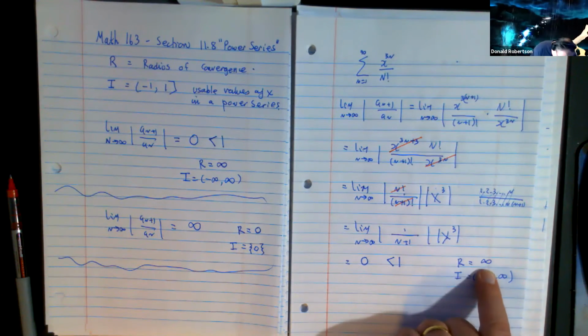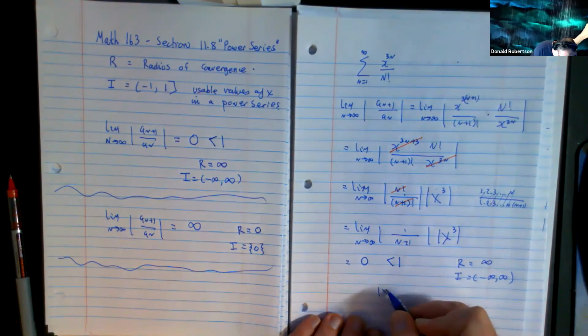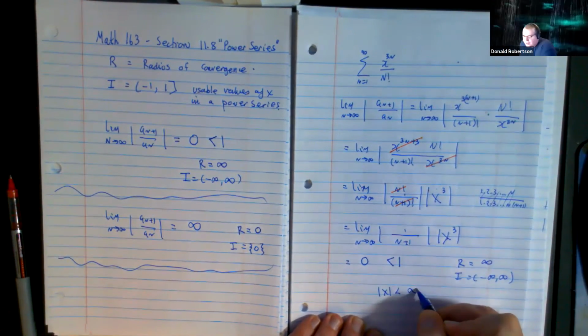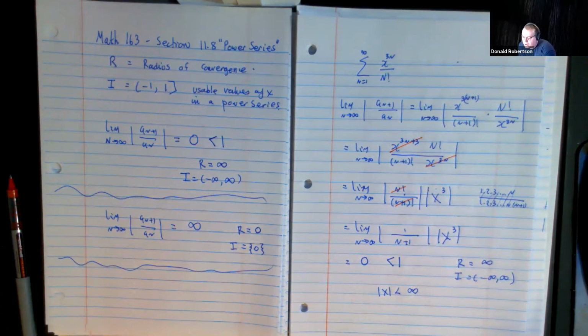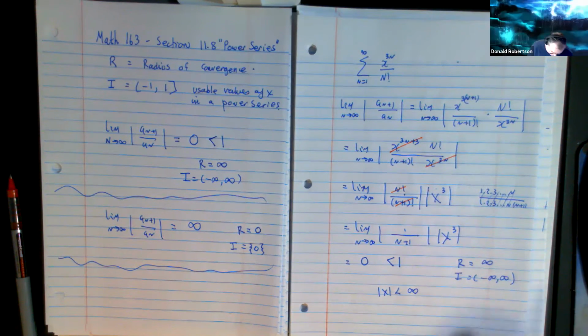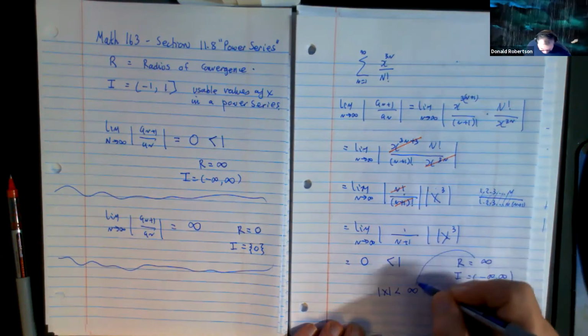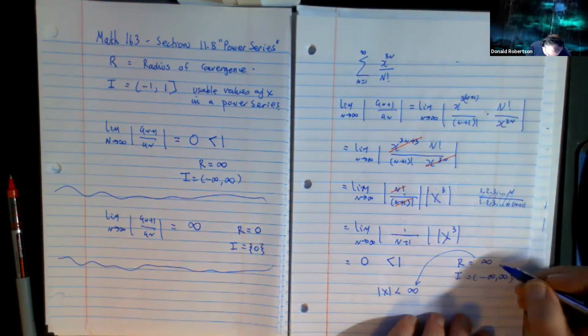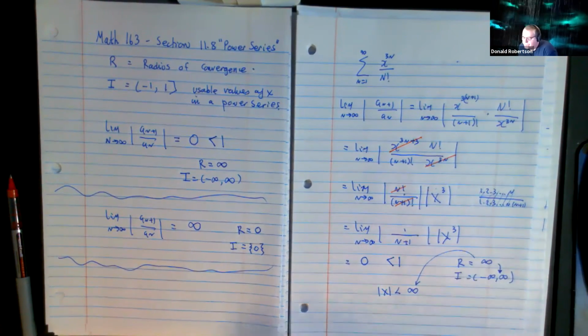Now you might think, I wonder why that's infinity. Think of it like this. Isn't that basically the values of x at work? As long as the absolute value of x is less than infinity, it will work, right? Because it works for everybody. So that's kind of where the R comes from. And then I think it's a little bit more obvious where that comes from.